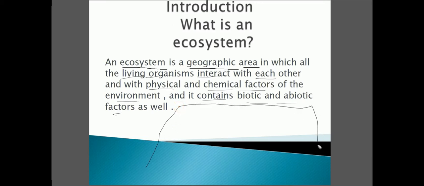Let's draw a diagram. Let's suppose this is the aquatic part, and this is the atmospheric part.